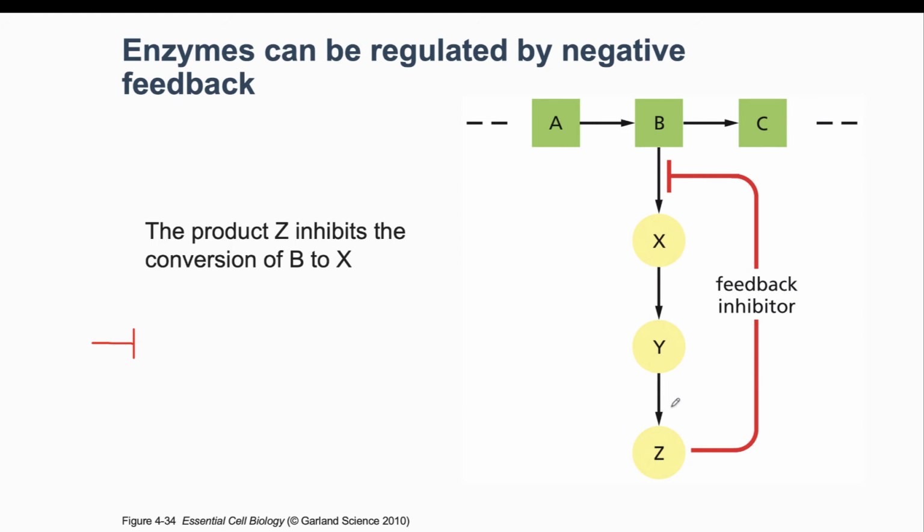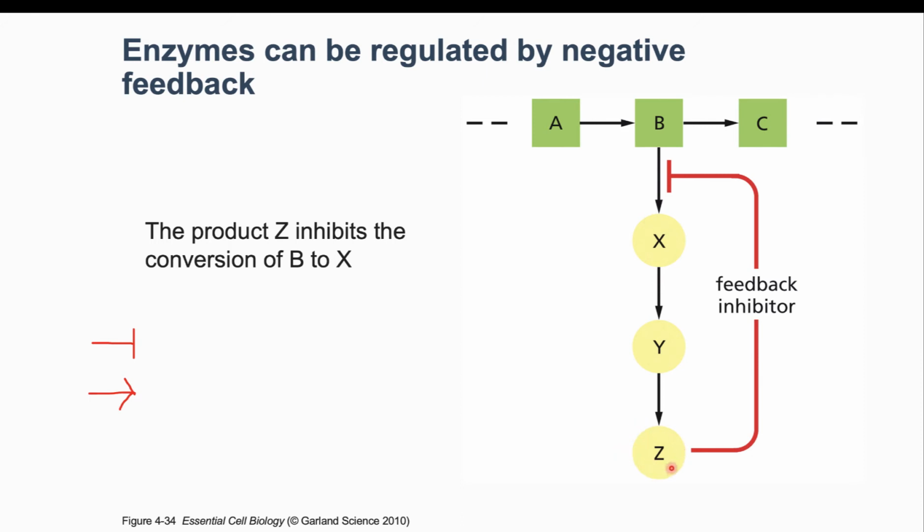In contrast, if this line ended in an arrow, that would suggest positive regulation and activation. So what we have here is Z inhibits the activity of the enzyme that converts B to X.